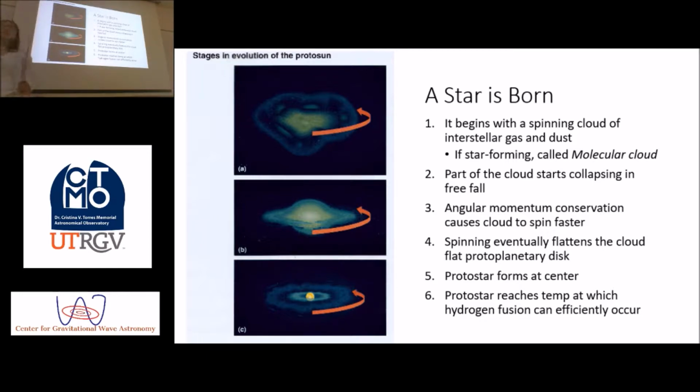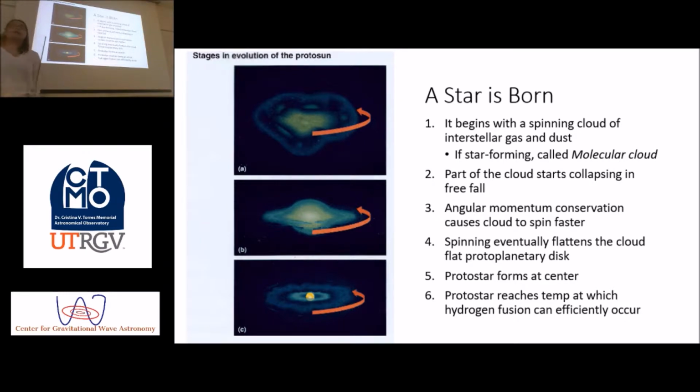And so as the cloud collapses in on itself, remember that this cloud is rotating, and so the conservation of angular momentum causes this cloud to spin faster, because again, the mass is moving closer to specific points. And so we have this cloud that's collapsing, and as it collapses, it spins faster. And as it spins faster, it causes the cloud to start spreading out into a disk.